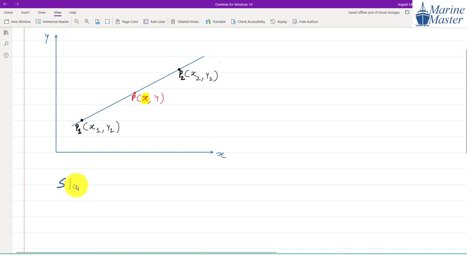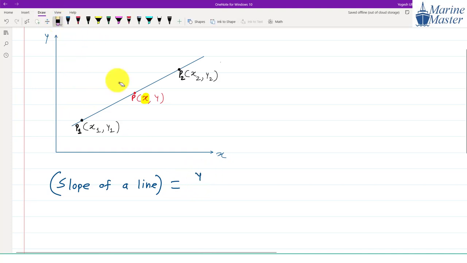Slope of a line is equal to delta Y divided by delta X. Delta Y means, if you consider these 2 points, Y minus Y1, divided by X minus X1.